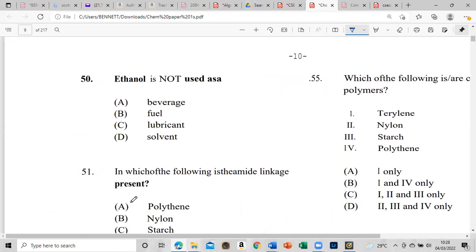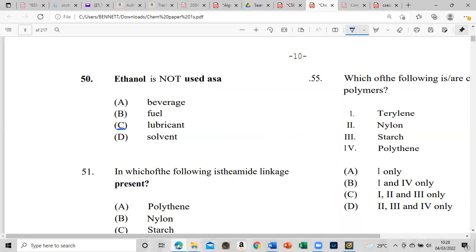Ethanol is not used as a beverage, fuel, lubricant, or solvent? And that is lubricant. All right, let's move on to 51.